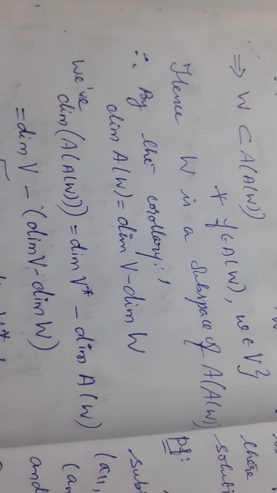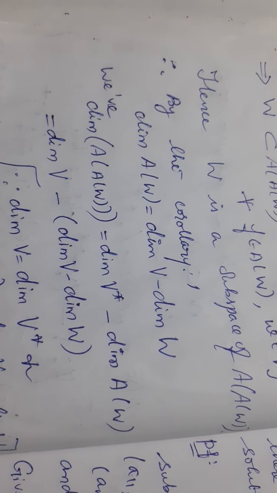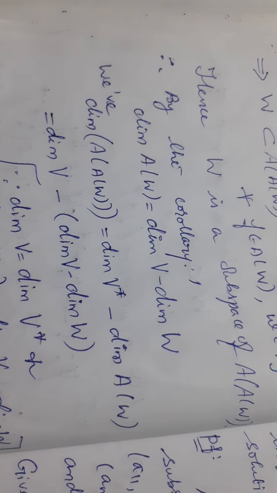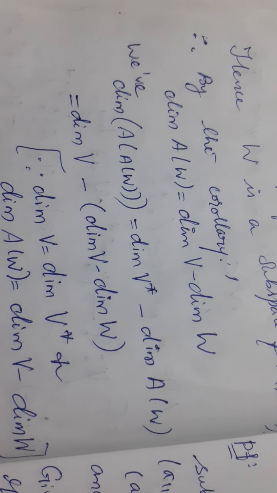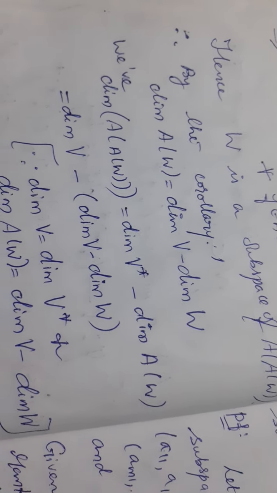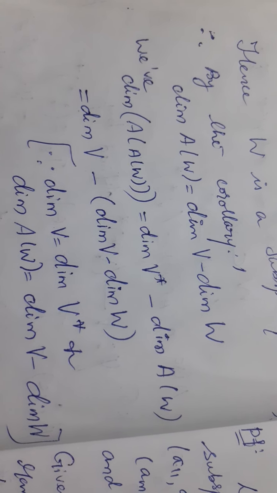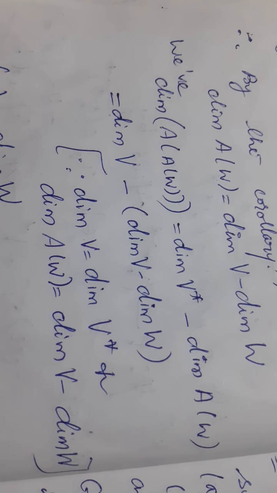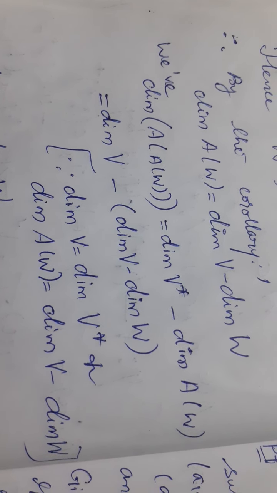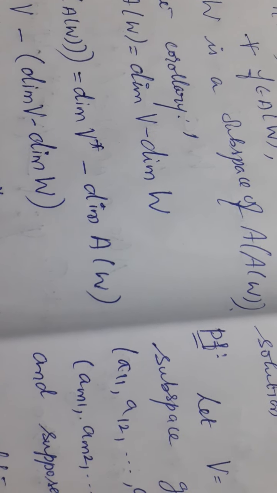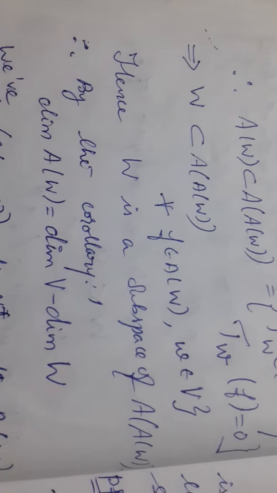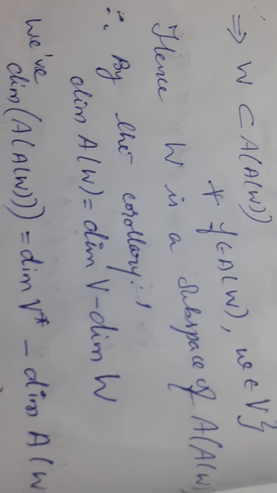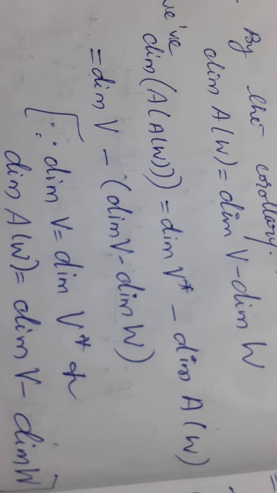From corollary 1, we know that the dimension of the annihilator is equal to the dimension of V minus the dimension of W. Therefore, we can use the same corollary here as the dimension of A of A of W is equal to the dimension of V star minus the dimension of the annihilator of A of W, which is equal to, the dimension of V star is the dimension of V. Therefore, we can replace the first one as the dimension of V. The second one, the dimension of A of A of W, can be replaced using the first corollary as the dimension of V minus the dimension of W. And the dimension of V and the dimension of V get cancelled.